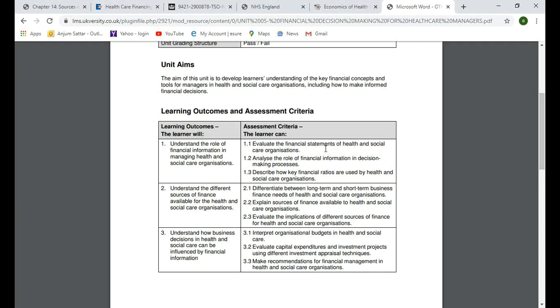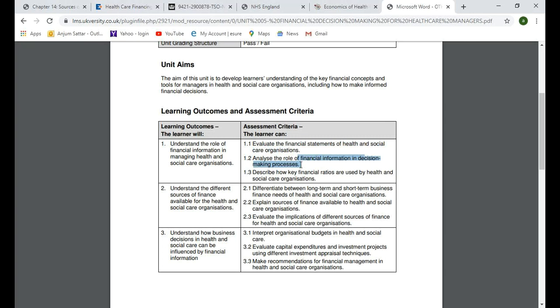For internal sources, we discussed different management reports for management accounting, where you can calculate costs. We discussed the types of financial statements prepared in healthcare, like other organizations: the statement of profit and loss, the statement of financial position, also known as the balance sheet, the cash flow statement, and the statement of changes in equity.